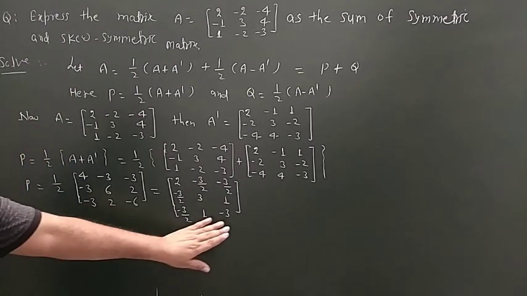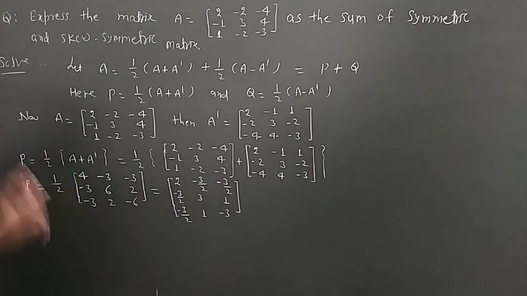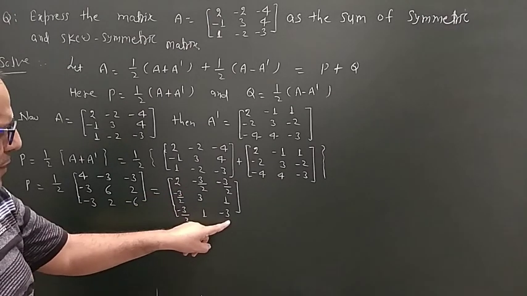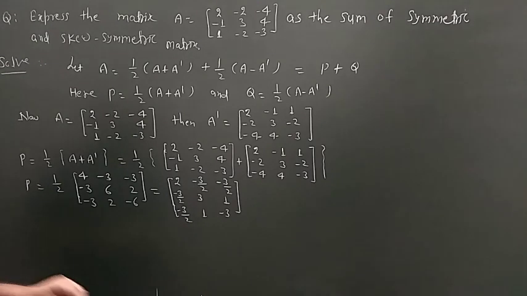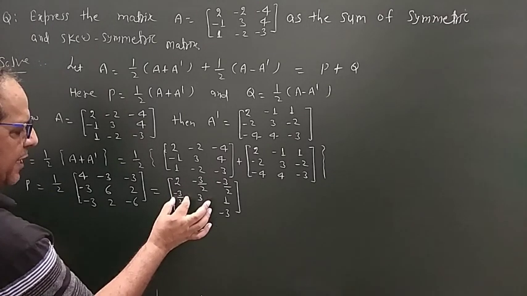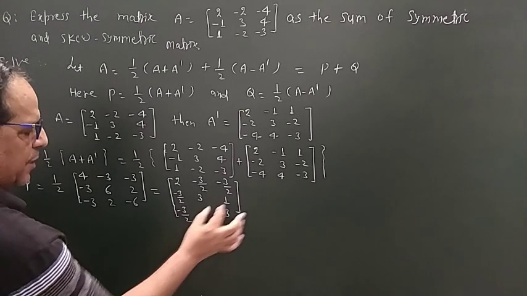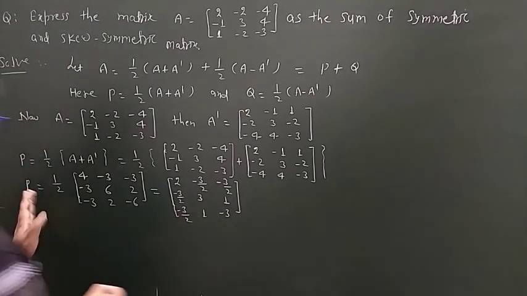If we check by the properties of a symmetric matrix, clearly the principal diagonal may have any elements. A12 is replaced by A21, A13 by A31, A23 by A32. So this is a matrix.